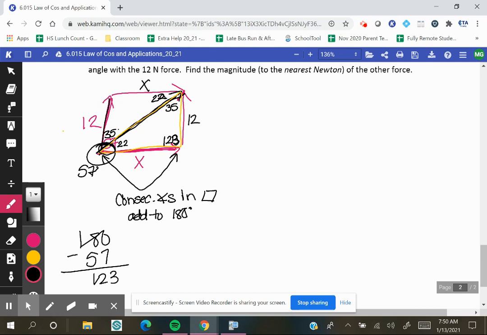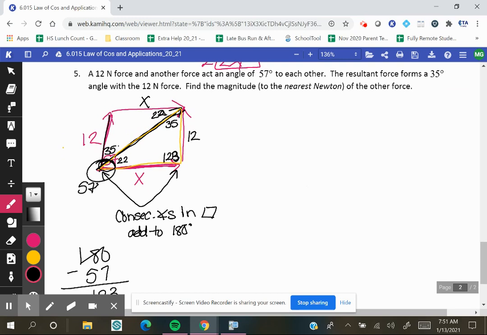So it looks like because we're trying to find the magnitude of our other force, we have a side across from a given angle, and then you could actually use here law of sines. And actually you don't really need that 123, but it will help you in some other problems as well.